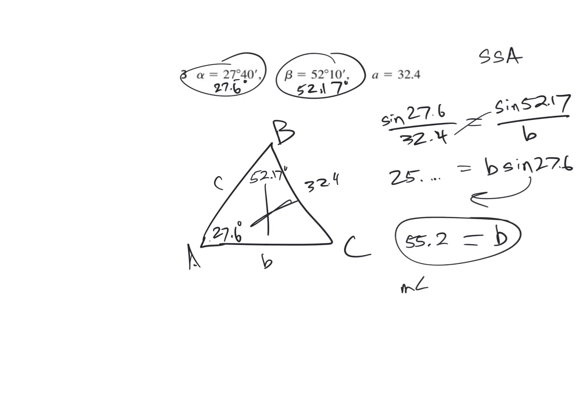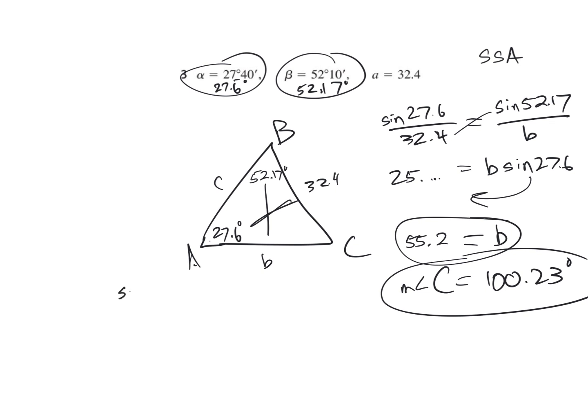The measure of angle C would be 180 minus the other angles, 52.17 minus 27.6. That gives me 100.23. So now we just need little c. So now it's the sine of 100.2 over little c as the sine of 27.6 is to 32.4.